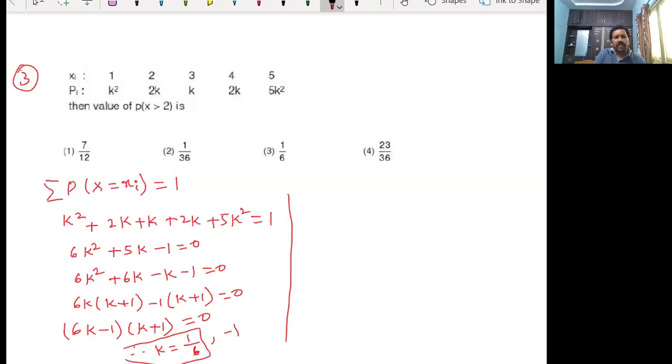But what they are asking is P of X greater than 2. Greater than 2 means we have to take P of X is equal to 3 plus P of X is equal to 4 plus P of X is equal to 5. Observe those values. X is equal to 3 means K, 4 means 2K, 5 means 5K square.